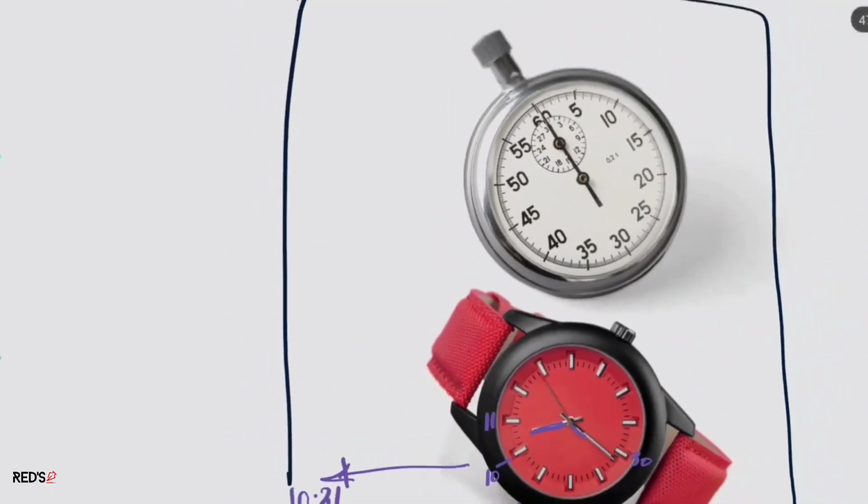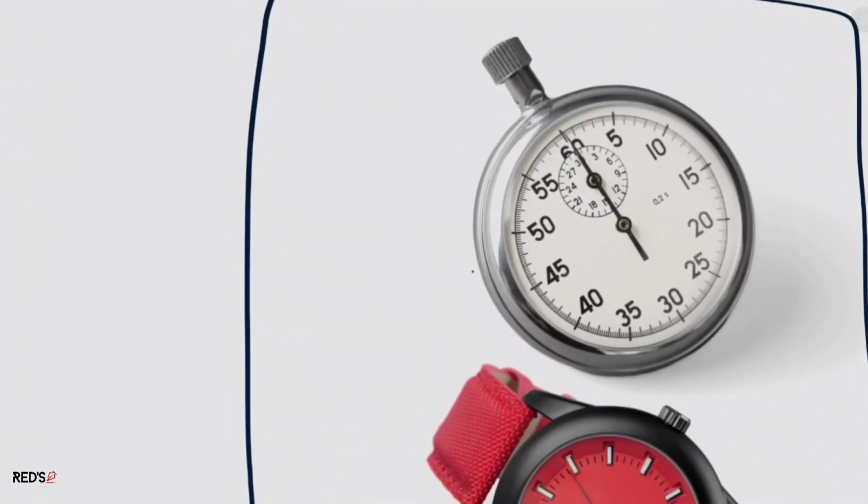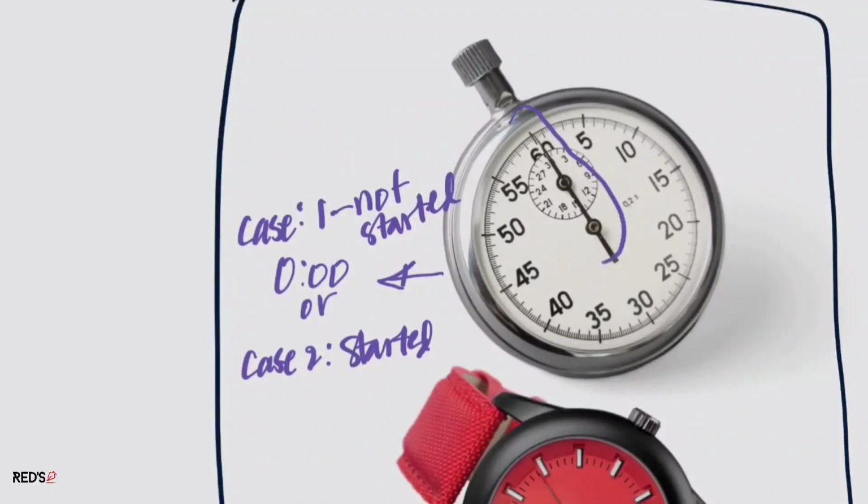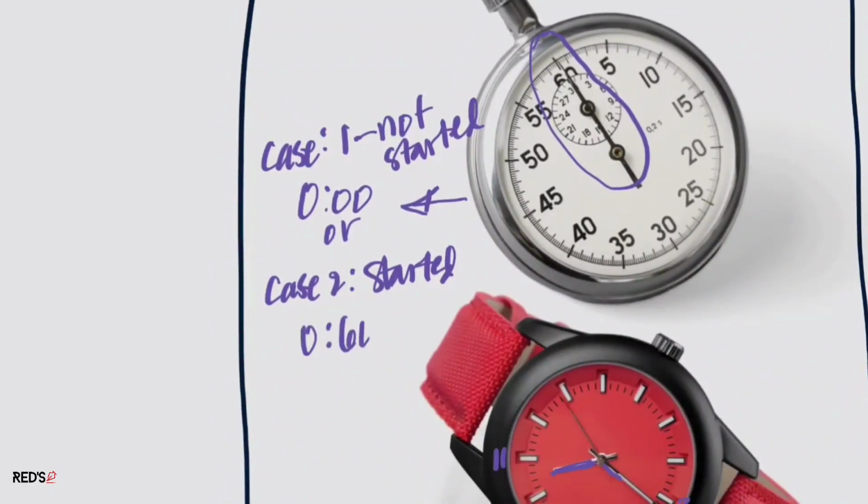according to this watch. Now, if we refer to this stopwatch, this is at the reference point. It still hasn't moved. It still hasn't been used. So that points at perhaps 0, 0, or if that has case 1, case 1 not started, or case 2 started, we have a measurement of time which is 60 seconds.